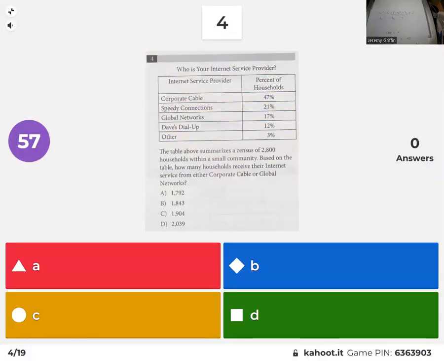Okay, we've got different service providers. The table summarizes a census of 2,800 households in a small community. Based on the table, how many households receive their internet service from either corporate cable or global networks?